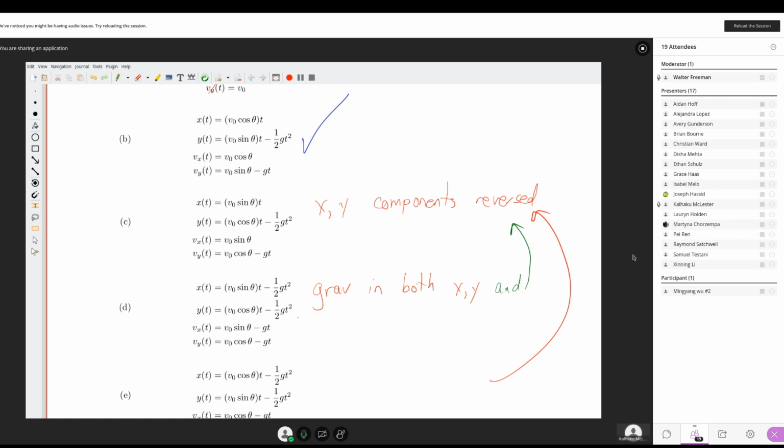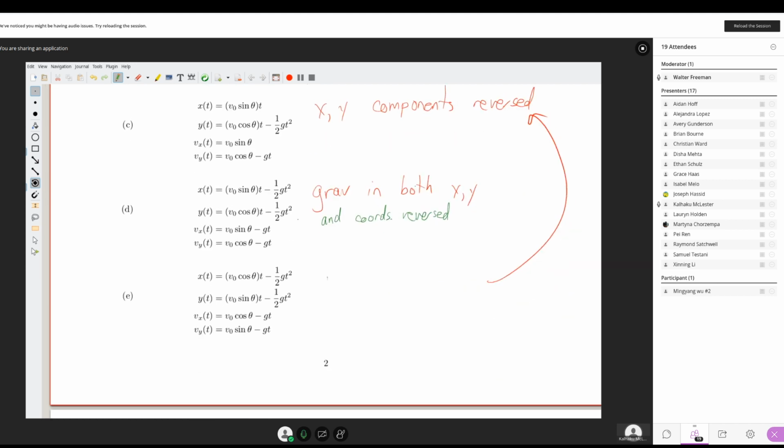Okay. So what you were telling me when my monitors went out were that here and here we have the coordinates reversed.